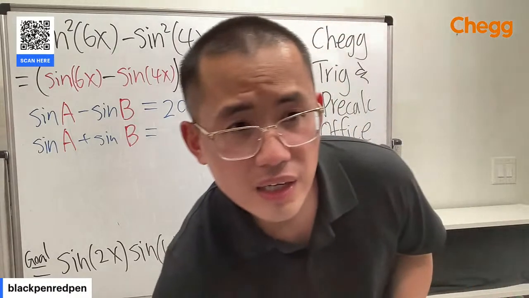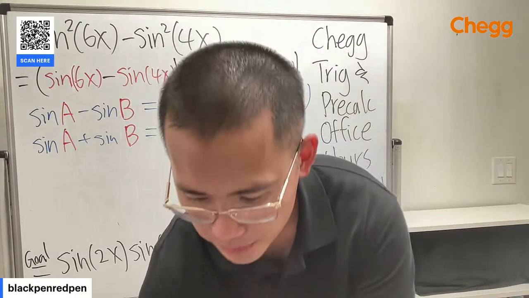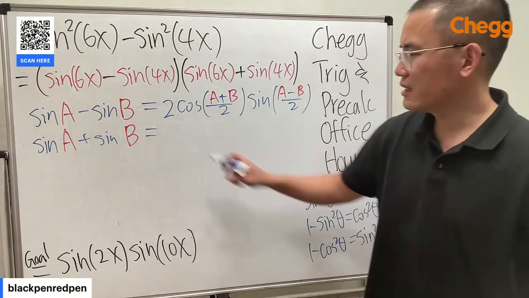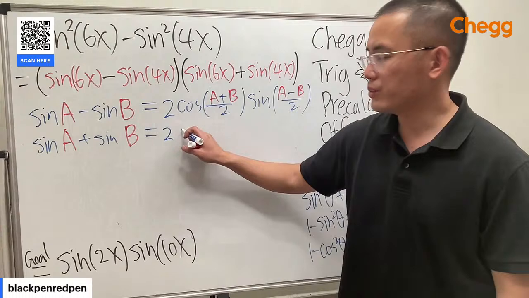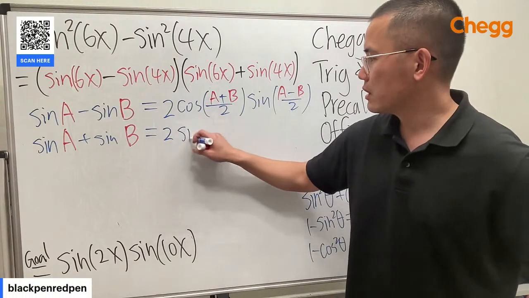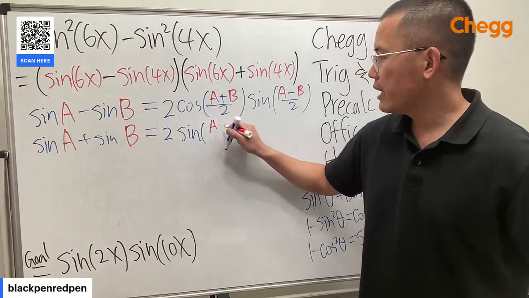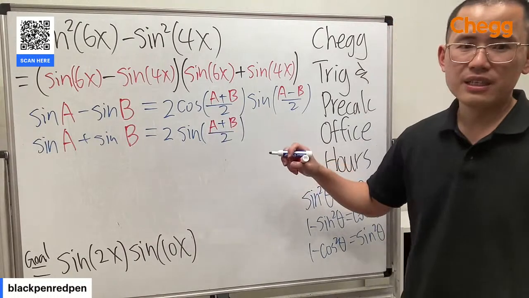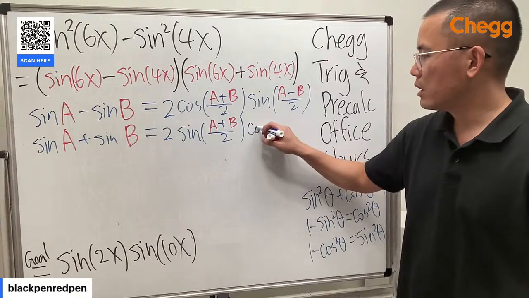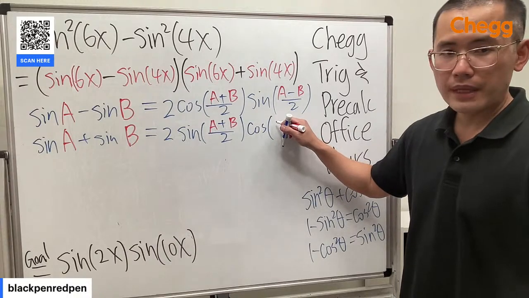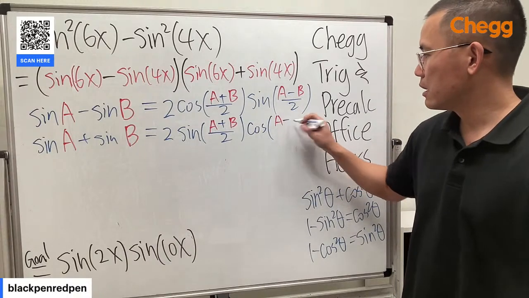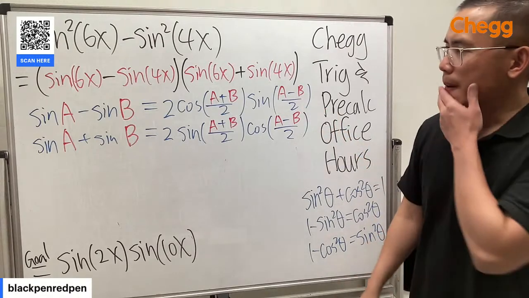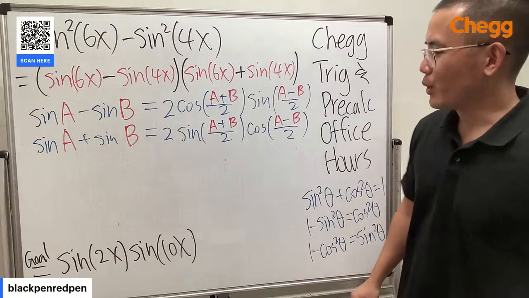And then if I have a plus, it's kind of like the other way around, but very similar. This is 2 sine of (A plus B) over 2 times cosine of (A minus B) over 2. Okay. Why do we have the cosine?